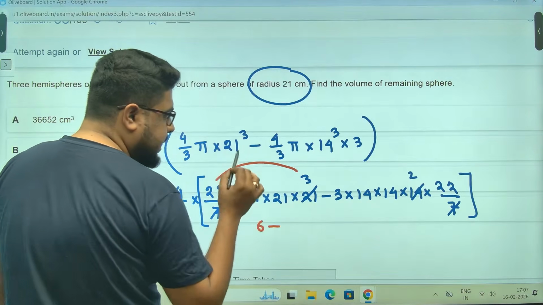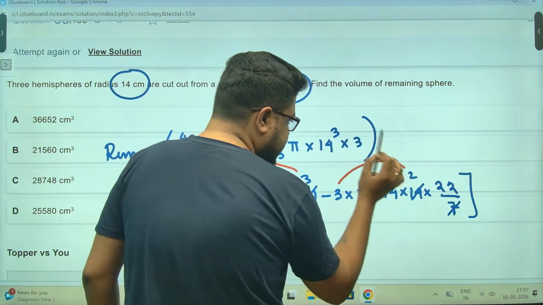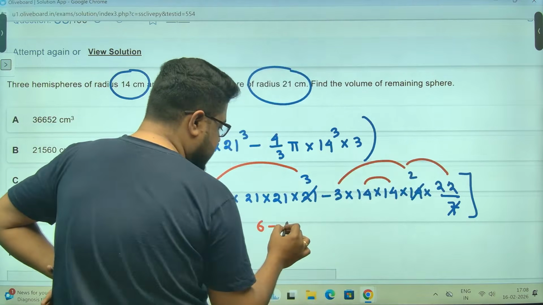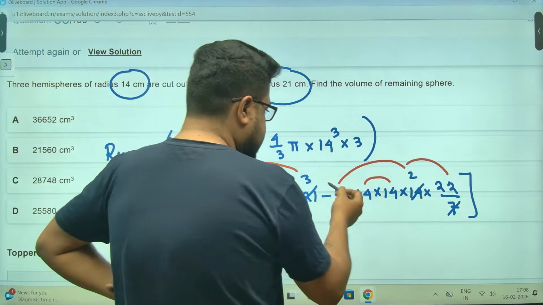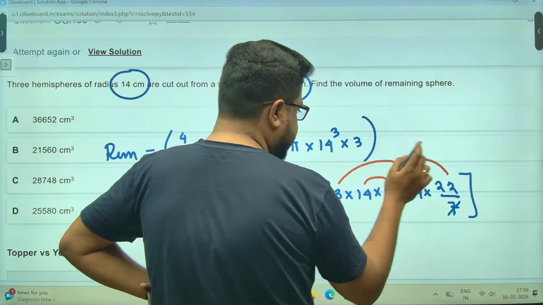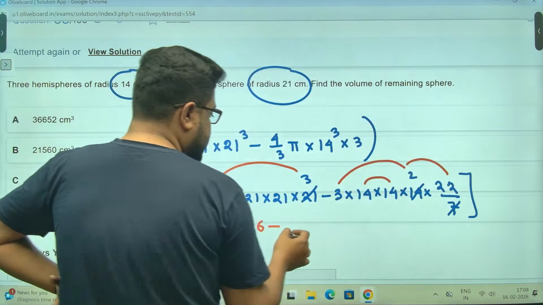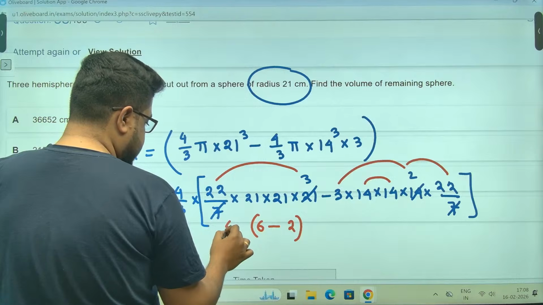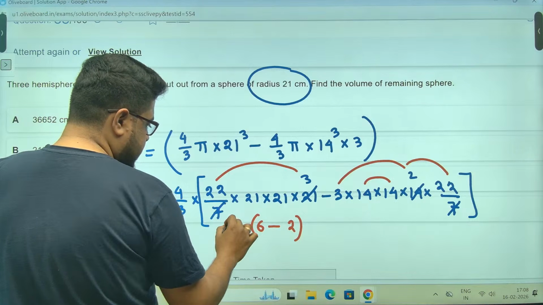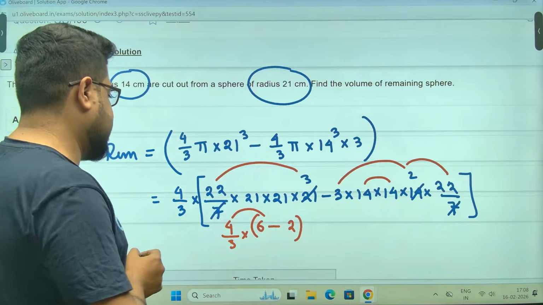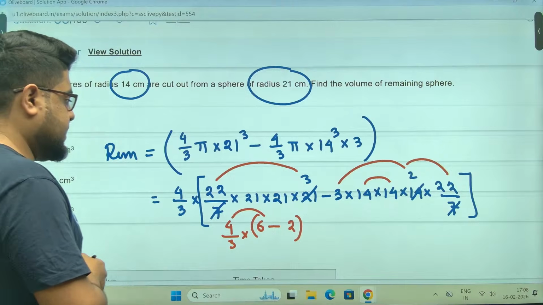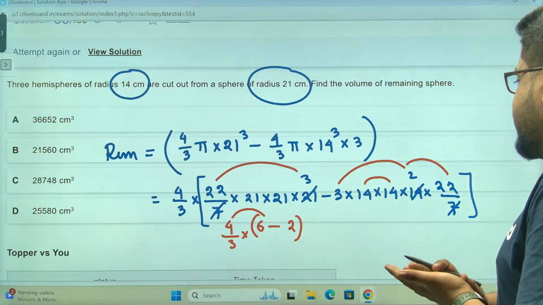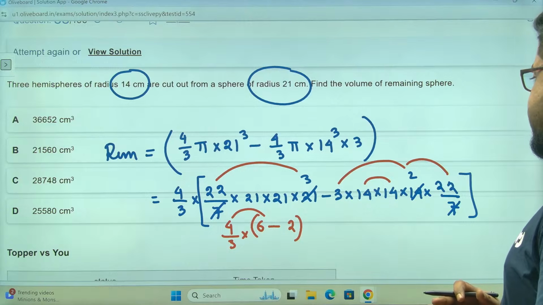So this is 6 minus 3 into 2, 6. 2s are 12, 4 4s are 16. 3 2s are 6, 2s are 12. 4 and 4, 16. Okay, the unit digit also we cannot check.